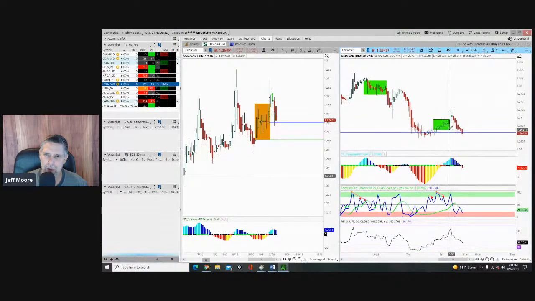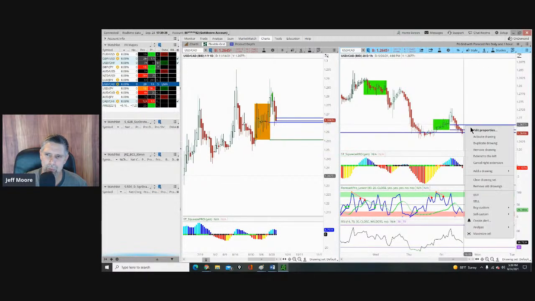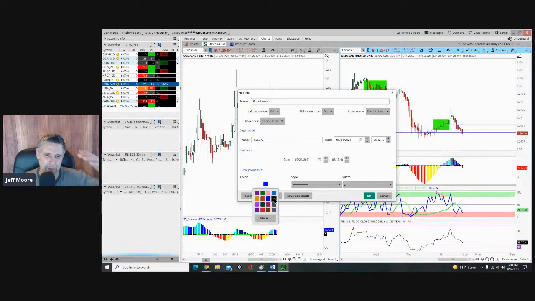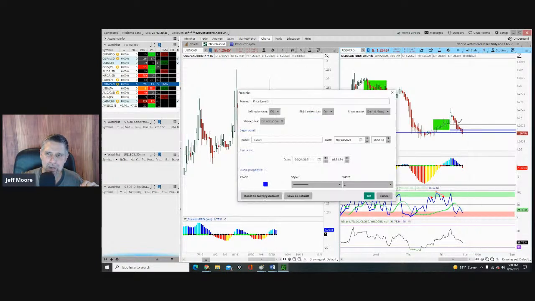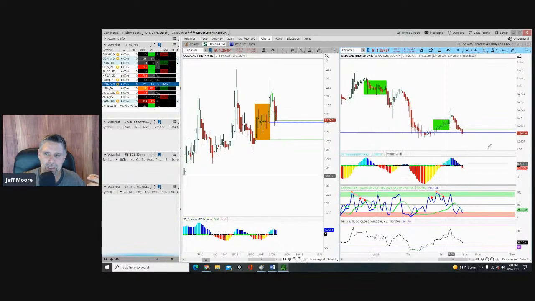Right here, we draw at the bottom. That's the liquidity line. We draw the middle, and we're going to make this black. That's the tipping point, right? That's the expansion line right in the middle. This one is going to be green, and the reason why it's green is because we broke up. That's the liquidity line. This is where stop losses are, where institutions are going to take people out.